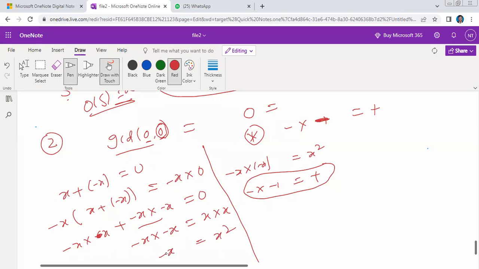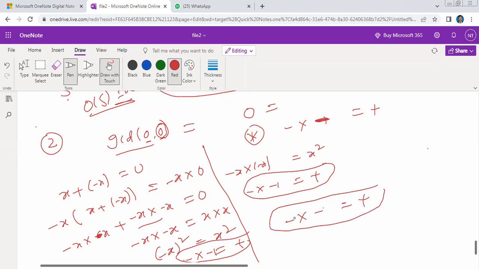This is minus x whole square. Means what? Minus is multiplied 2 times. Minus into minus is equal to plus. Minus x whole square is equal to x square. Minus is multiplied 2 times. Is it plus? Is it okay?